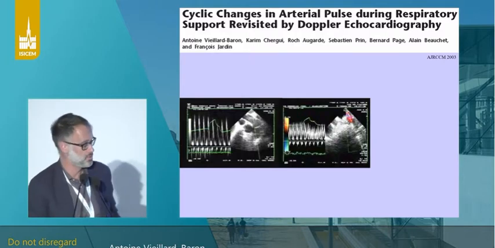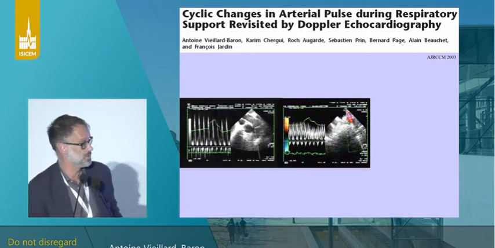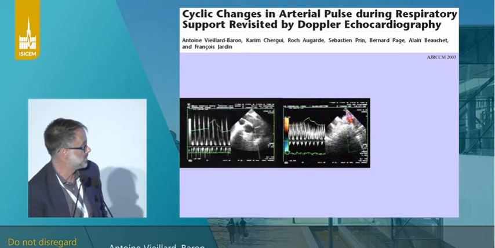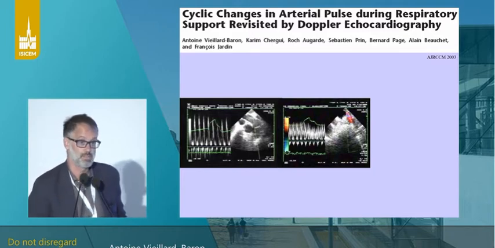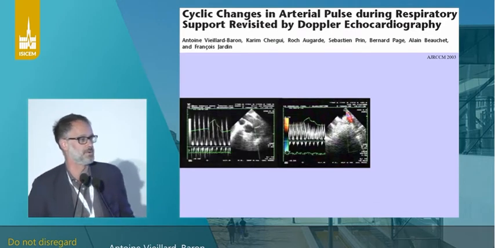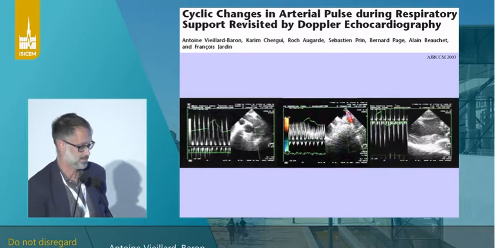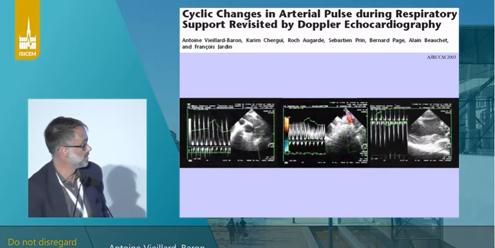If you look now in the same patient at the pulmonary vein, where we were able to record the pulmonary venous return, you see as a consequence a decrease in the pulmonary venous return, let's say at the end of the inflation, beginning of the expiration. And so as a consequence, if you look at the left side, here, this is the LV stroke volume, cardiac beat per cardiac beat.